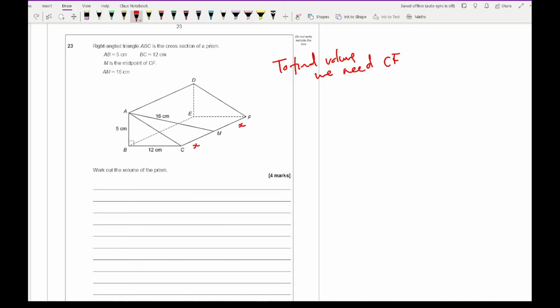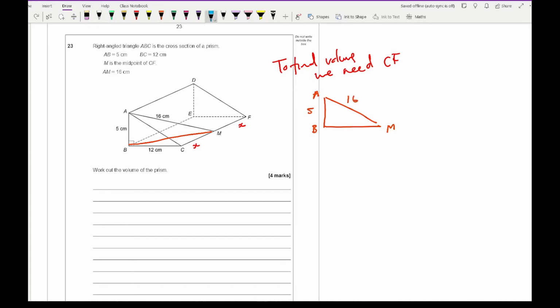So looking at this, what we then need to do is work out what those lengths are. Now, if I start by drawing this triangle here, let's look at this as stages. So in terms of this length, I've got A, B, and M. This length here is 5, and this length here is 16.